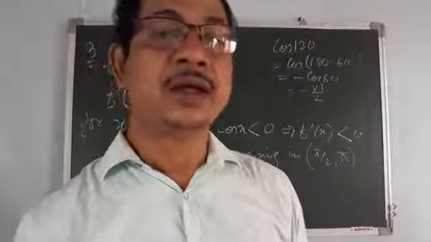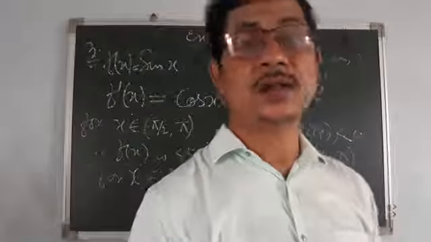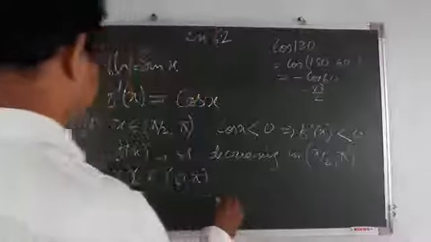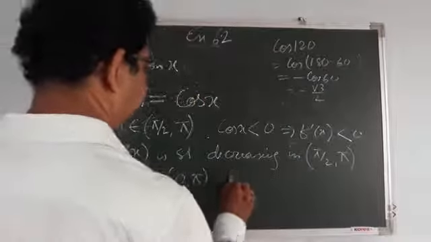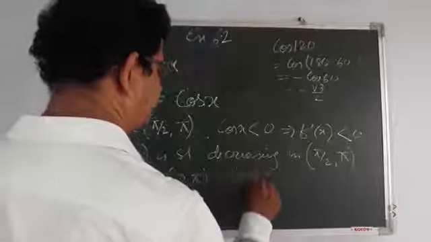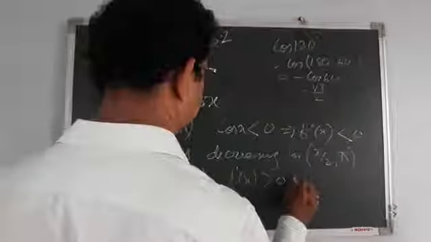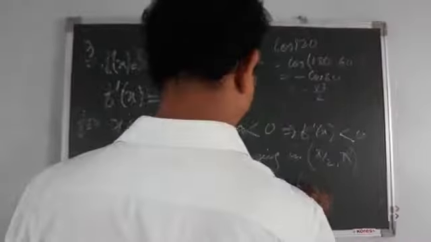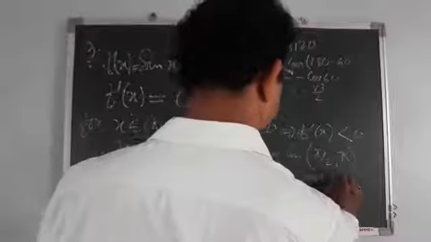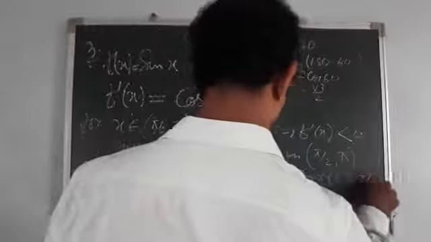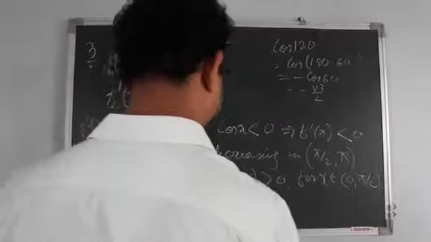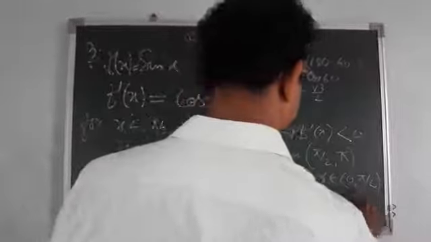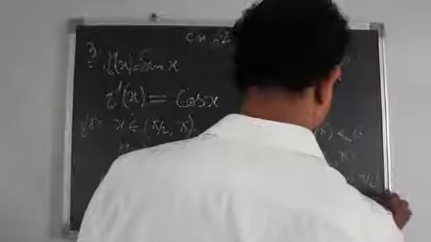So here one part is increasing, another part is decreasing, then we say neither increasing nor decreasing. f dash x is greater than 0 for x belongs to 0 to 90, f dash x is less than 0 for x belongs to 90 to 180.